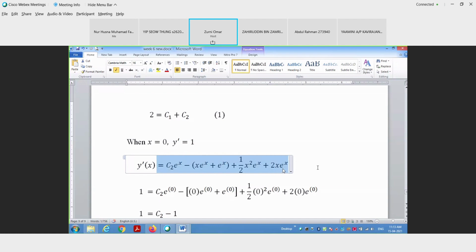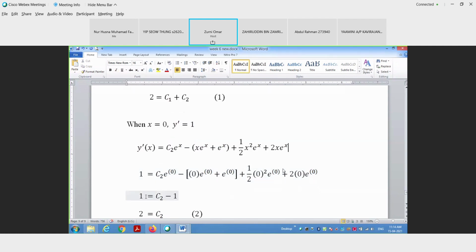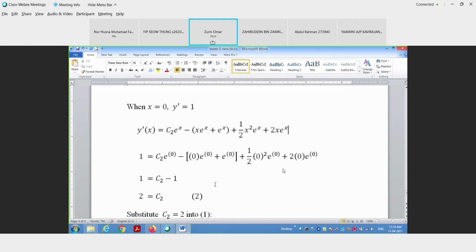So replace x with 0 in y prime here. You will get 1 equal to c2 minus 1, because all these other terms are 0. Then you have c2 times 1, so c2 minus 1. So 1 equals c2 minus 1, and c2 will be equal to 2.